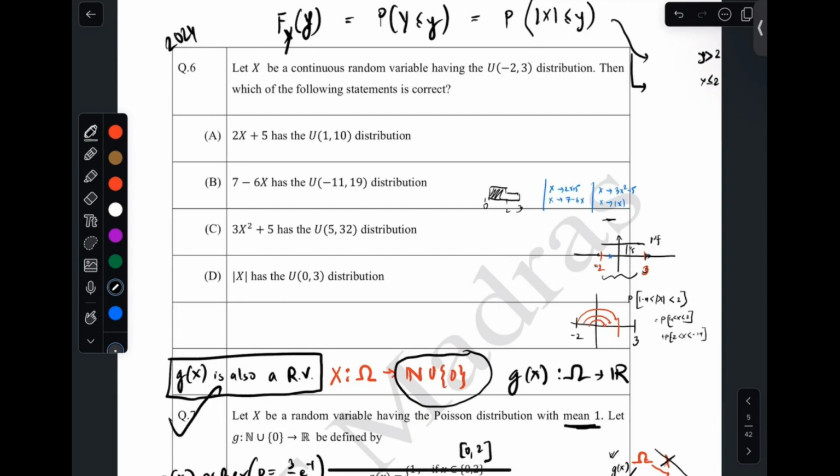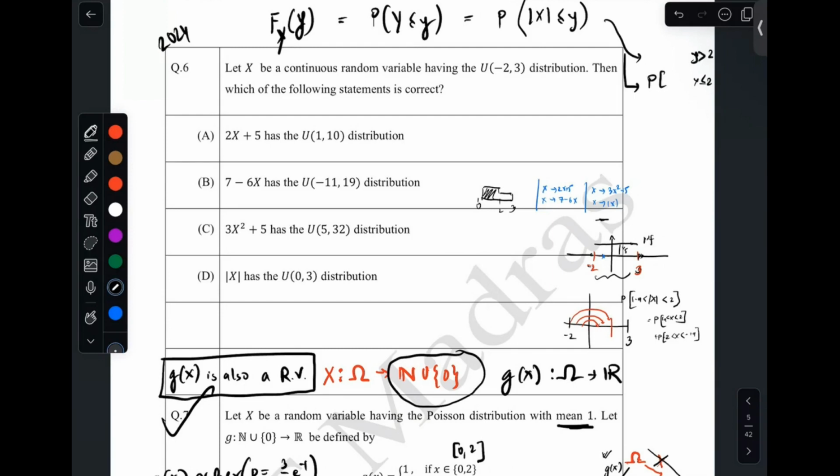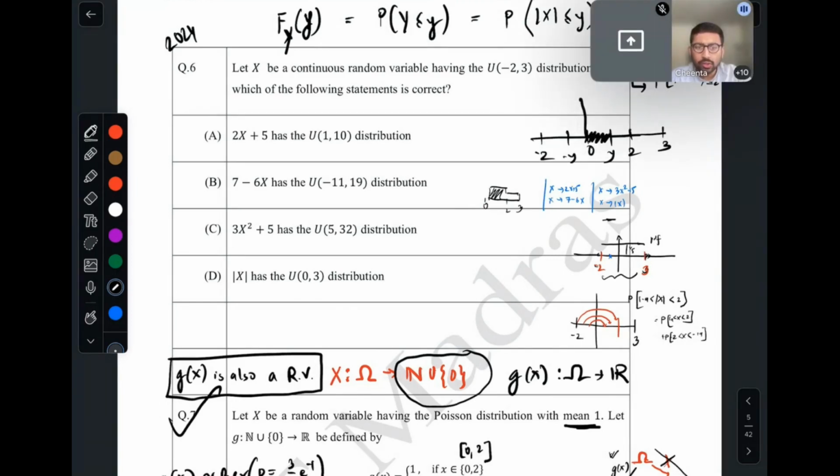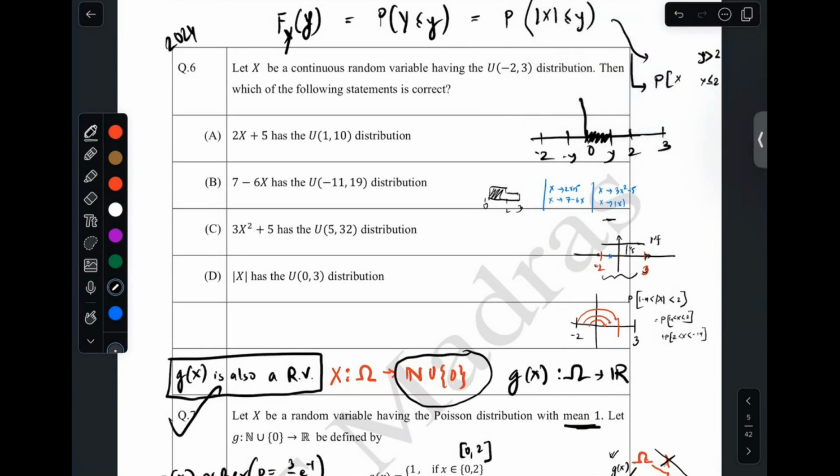So if y is less than or equal to 2, the probability mod x less than or equal to y has two aspects. Understand, it's 0, this is minus 2, this is y, this is minus y, this is 2, this is 3. So probability mod x less than or equal to y leads to two regions: x less than or equal to y and x greater than or equal to minus y.